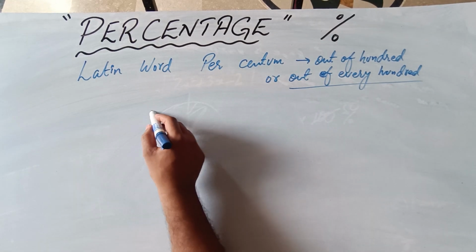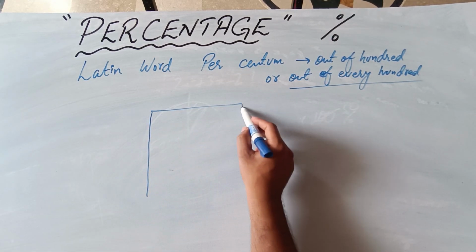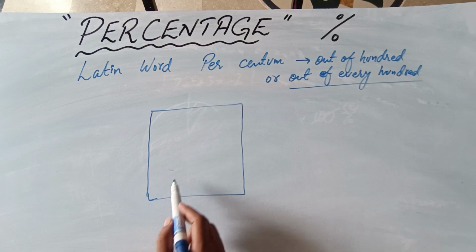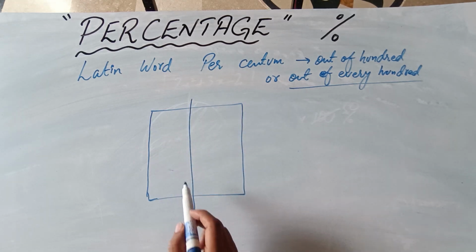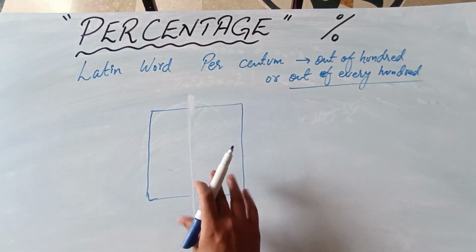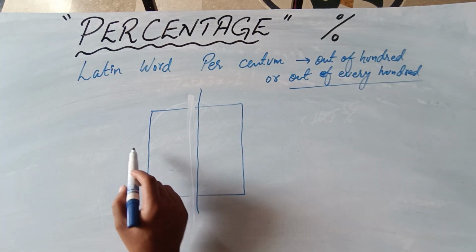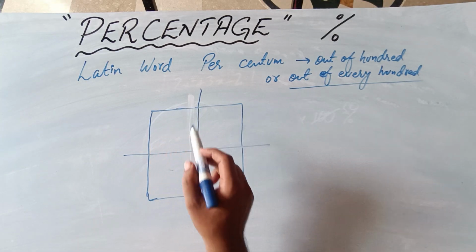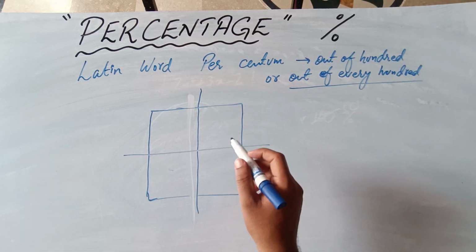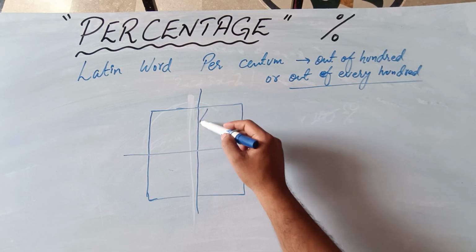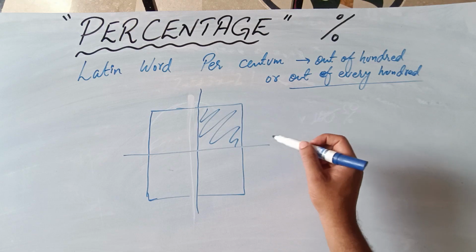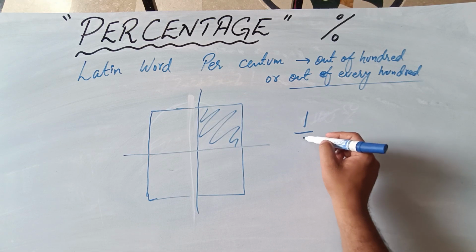Now let's take another example as well. We have a square. Now how many parts are shaded? 1 part is shaded out of 4.